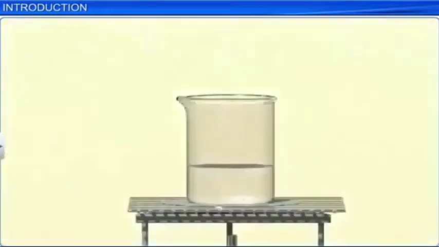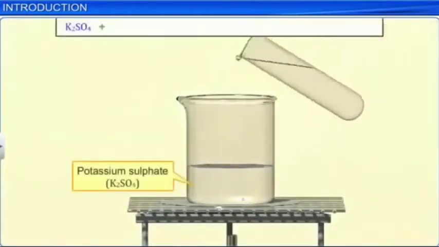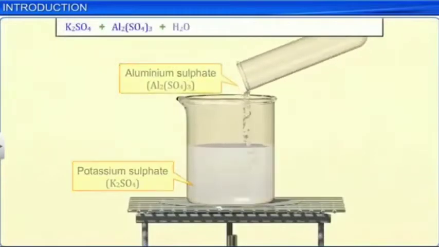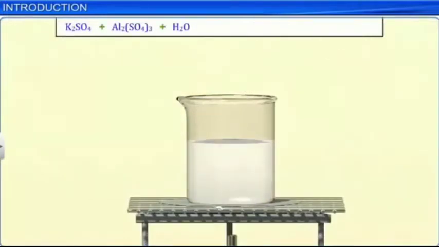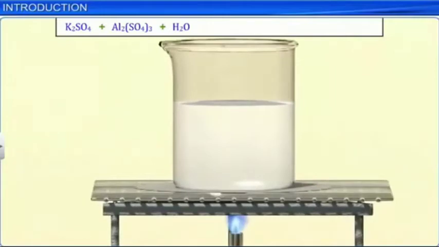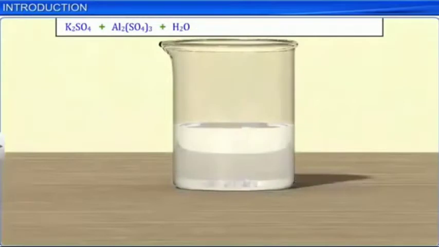For example, when saturated solutions of potassium sulfate and aluminium sulfate are mixed and heated till the crystallization point is reached, we get the well-known compound potash alum.